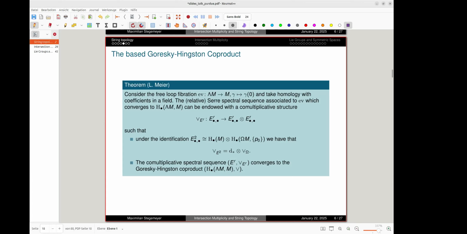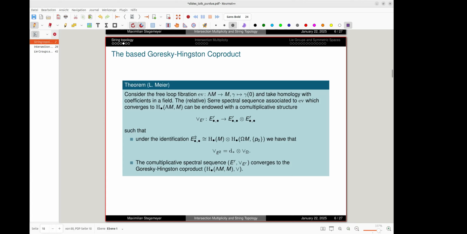Under this identification, the coproduct on the E2 page is identified with the diagonal map on the base and this based coproduct on the fiber. So here this based coproduct shows up, and then the statement is that this co-multiplicative spectral sequence converges to the Goresky-Hingston coproduct. So on the E infinity page, we have a coproduct which is induced by the Goresky-Hingston coproduct.